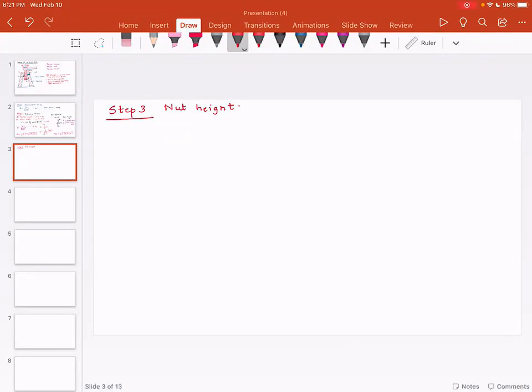Yes, this procedure is in the textbook, but it's a different chapter. The name of the chapter is power screws. So if you look at the nut height, sigma B is equal to the load W divided by the area, which is pi by 4 d outside square minus dc square.